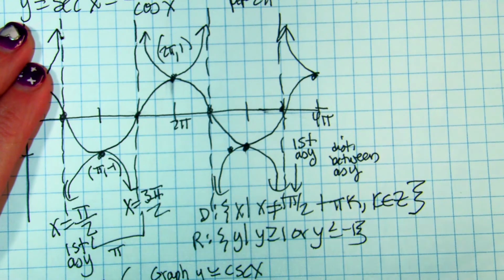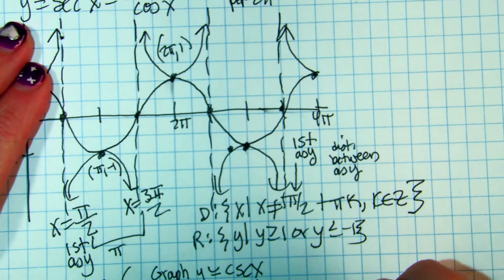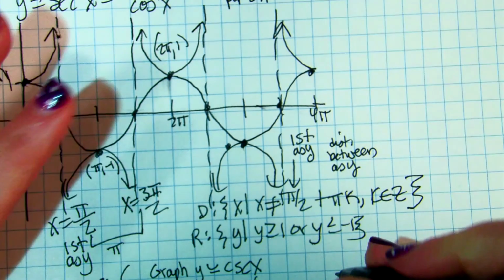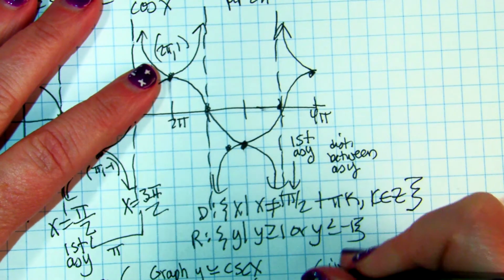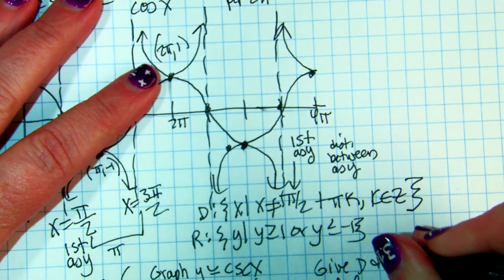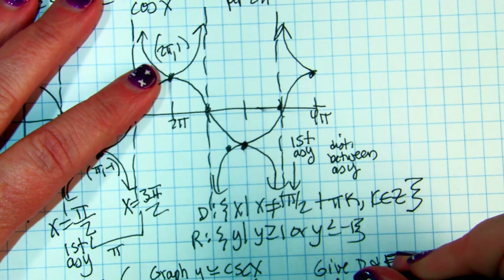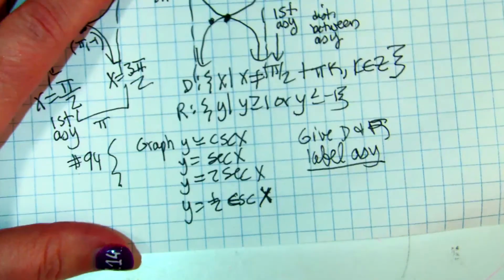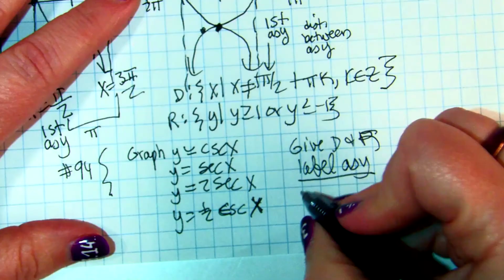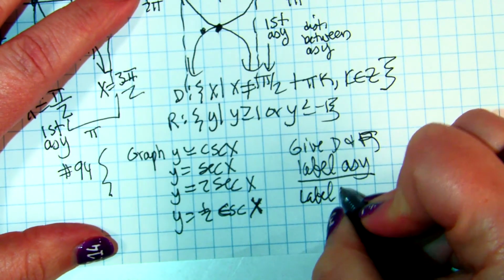So the amplitude is 1/2 on that one. Give the domain and range, label asymptotes and draw all of them. Label a couple of the asymptotes and label a few points.